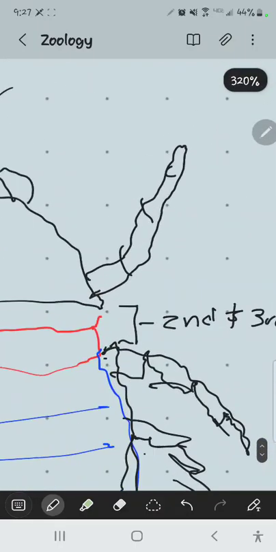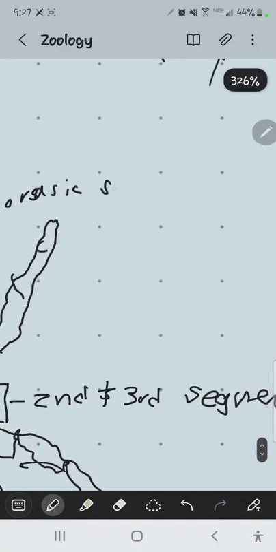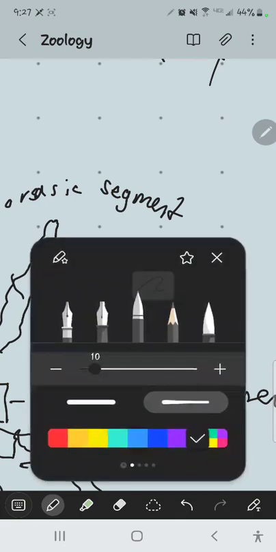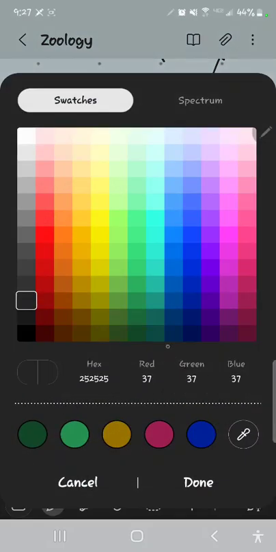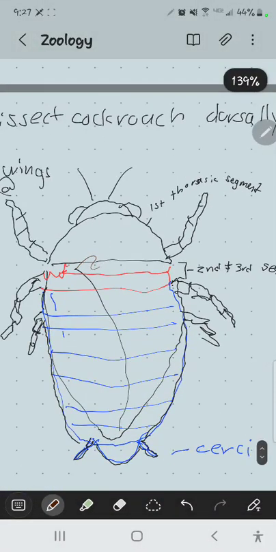Then you're going to cut a hatch or a door, up to the third thoracic segment, all the way back to the last segment. So essentially you're going to cut around the whole thing. Then take some tweezers and grab the bottom of where you cut, and you're going to peel it like a sardine.